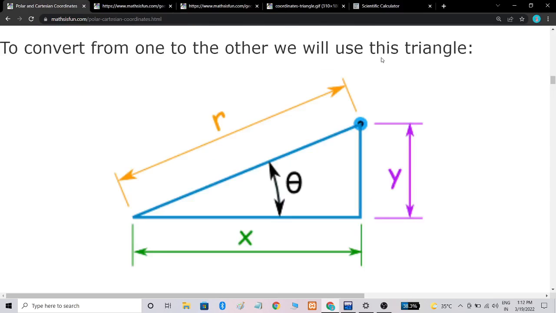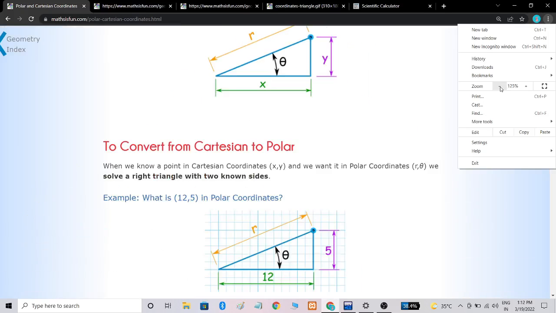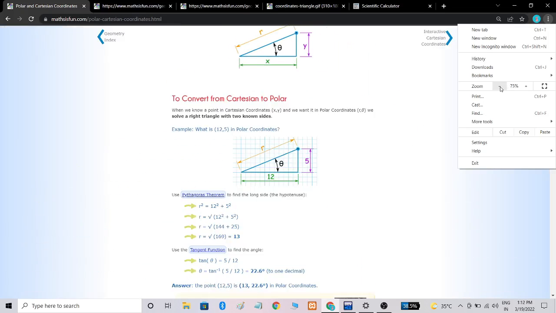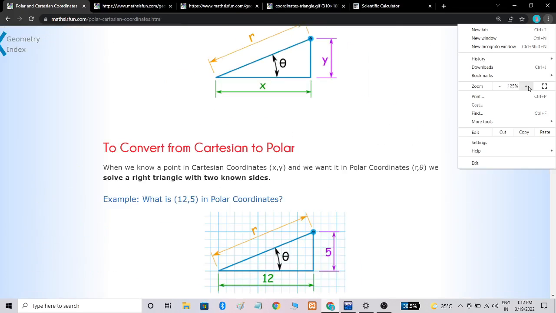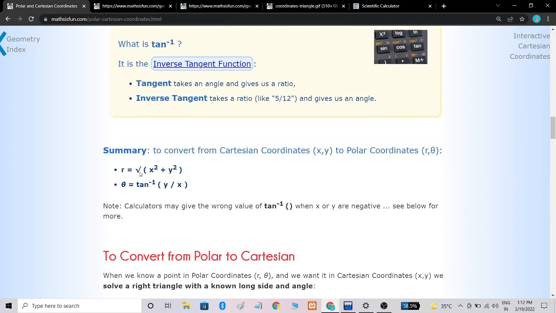So the formula to calculate the r is this, and for theta it is this. Okay. The point can be decimal also, that's why we are going to declare it in float.